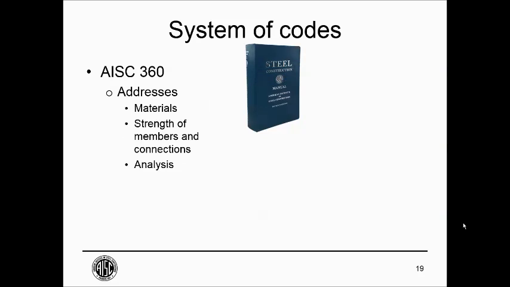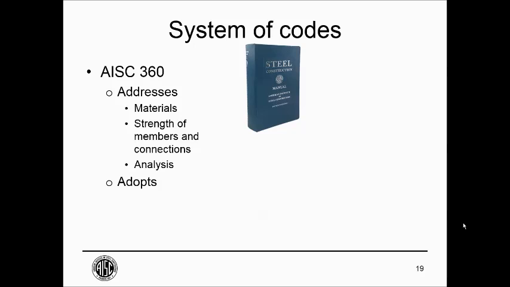So AISC 360, the specification, here I'm showing the manual, but talking about the specification, addresses materials used for structural steel, the strengths of members and connections. There are also some analysis requirements related to design for stability, and those have to be combined, or at least considered, along with the ASCE 7 requirements.